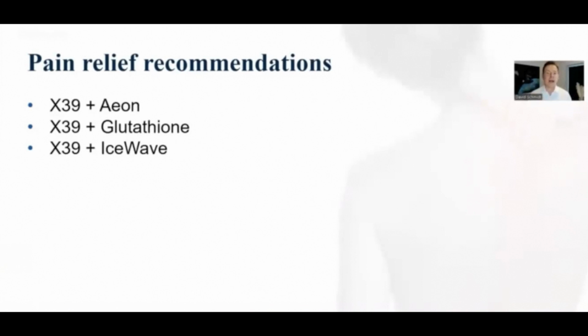So if we have a condition like Parkinson's disease, which is associated with reduced glutathione levels, or Alzheimer's or MS, elevating glutathione can help to reduce pain. Now, we're not claiming that glutathione is used to treat those diseases. What we're talking about is using X39 and glutathione to manage inflammation.